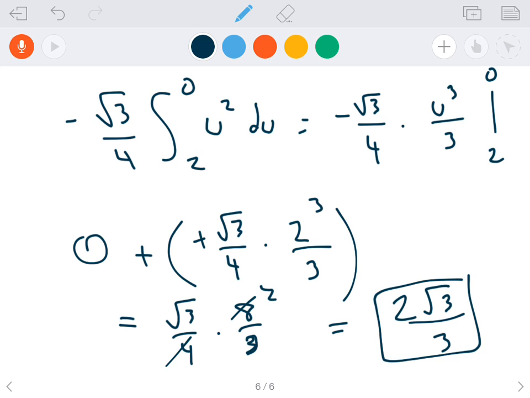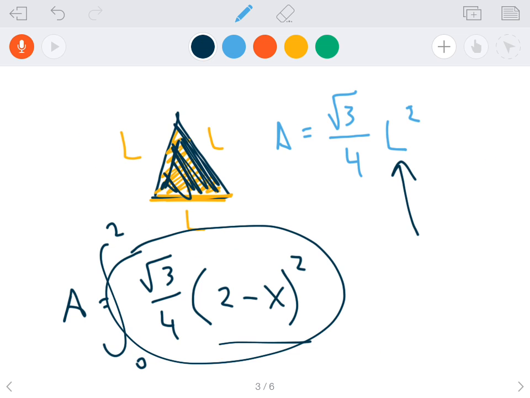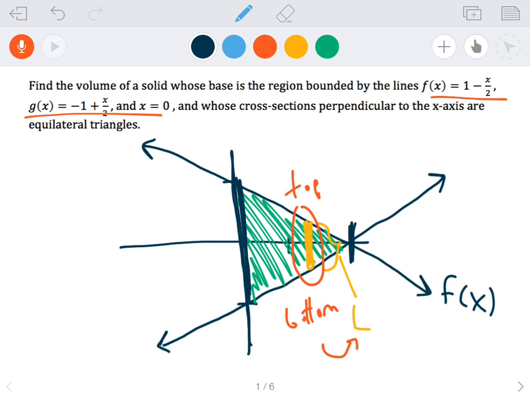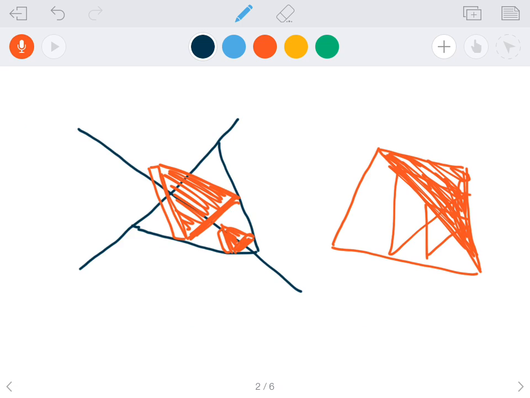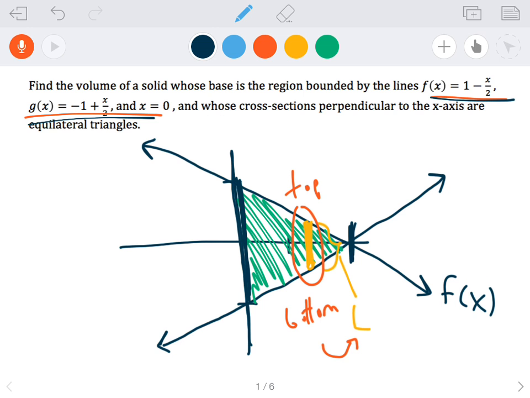So to recap your steps here, step number 1 is draw your base. So graph your functions and draw your base. If you can imagine what the 3D shape looks like, it's not actually necessary to solving the problem, but it's nice to have a visual of what you're doing.